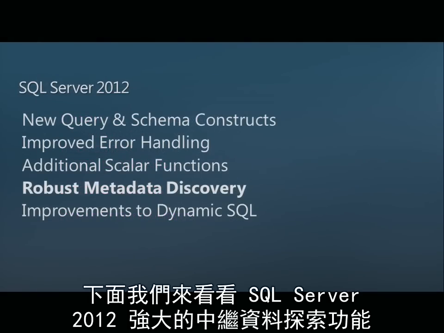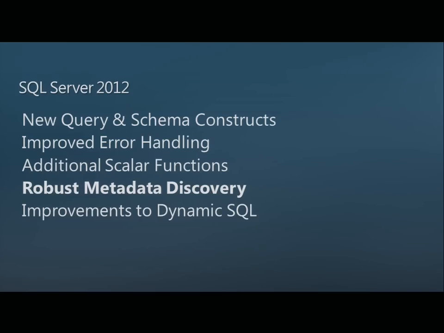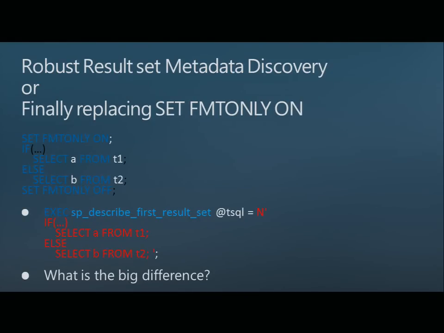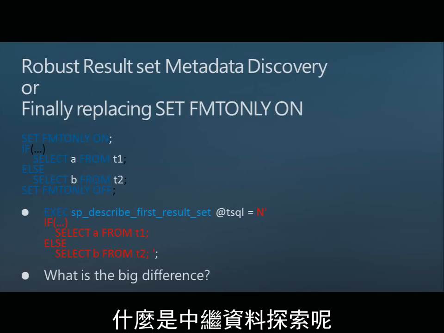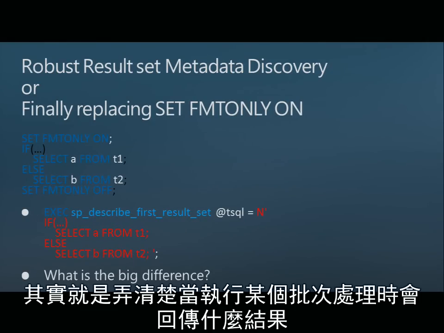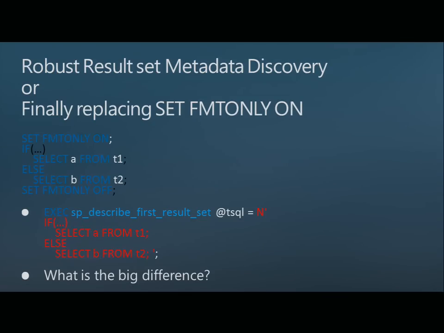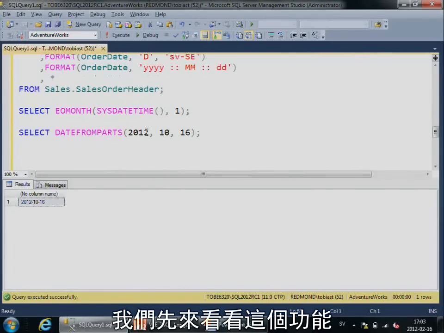Okay, next let's have a look at robust metadata discovery in SQL Server 2012. What is this really about? Well, it's basically when you want to figure out, if I were to execute a certain batch, what would it return to me? Let's first just test this functionality.